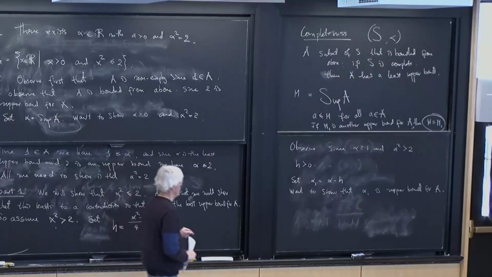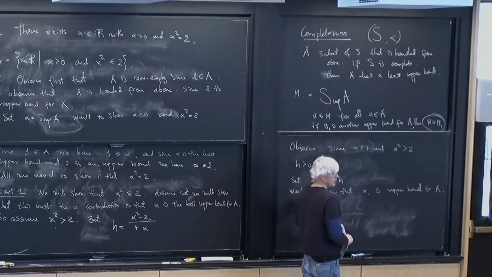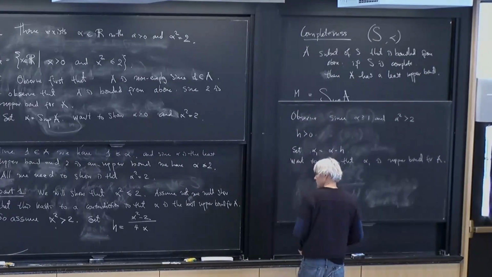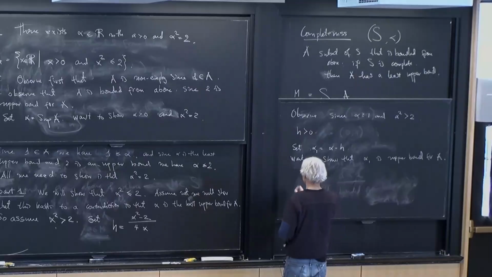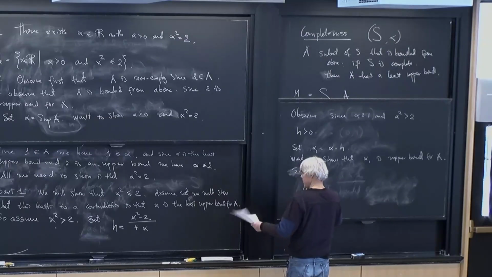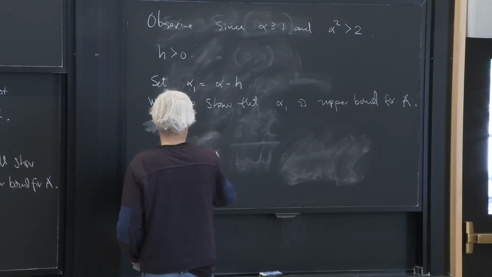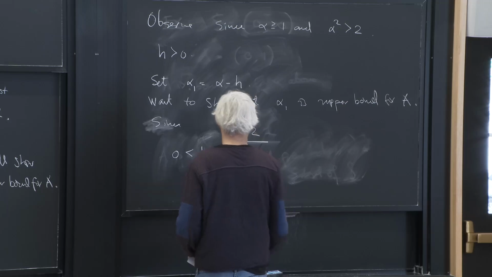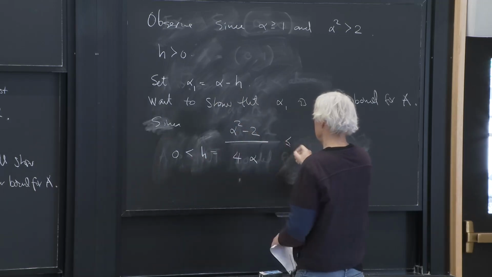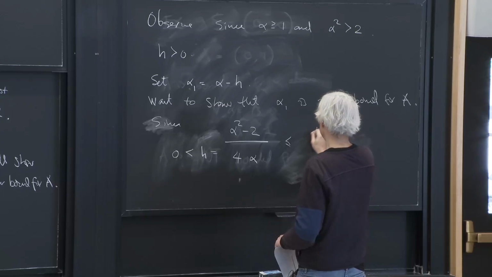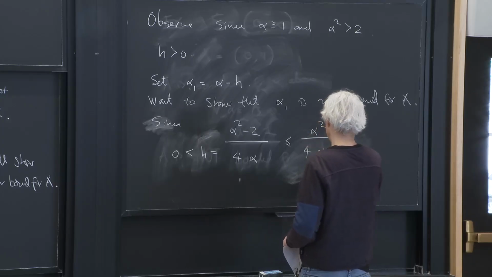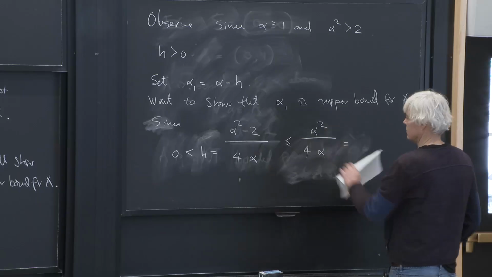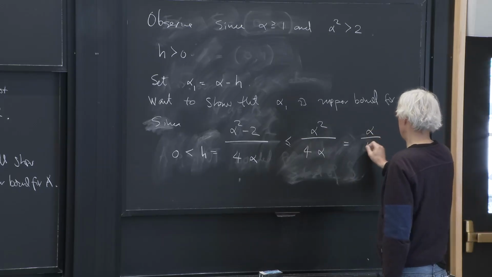The first thing I want to do, if it's an upper bound, it does need to be positive. So let's check that. Since we already have that h was positive, alpha squared minus 2 over 4 alpha is less or equal to, I can even forget about the 2, alpha squared over 4 alpha. I can just divide by alpha, so I get alpha over 4.